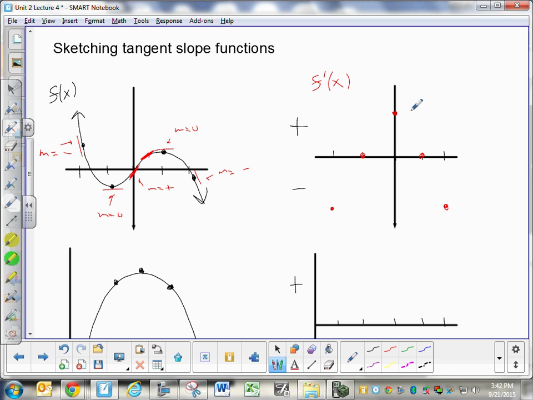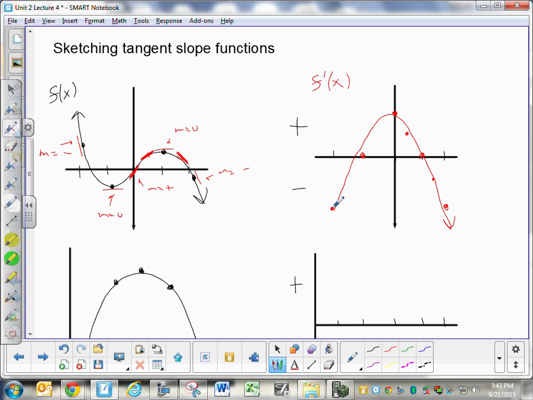Less positive, right? So between 0 and 1, a less positive value right there. Between 1 and 2, we have another negative tangent slope. Is it more or less negative than this one at 2? It's also less negative. So what we'll find is that, yeah, we're going to be able to connect.